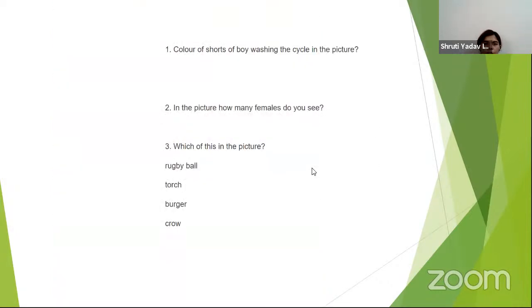Color of the shorts of the boy washing the cycle in the picture? Green. What is the t-shirt he's wearing? Color? Faint green. So both are green.